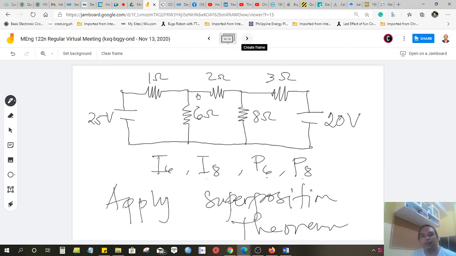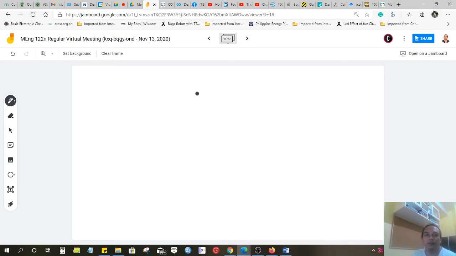So first we will solve the circuit with only the 25 volts acting alone. Okay, so we will redraw the circuit.